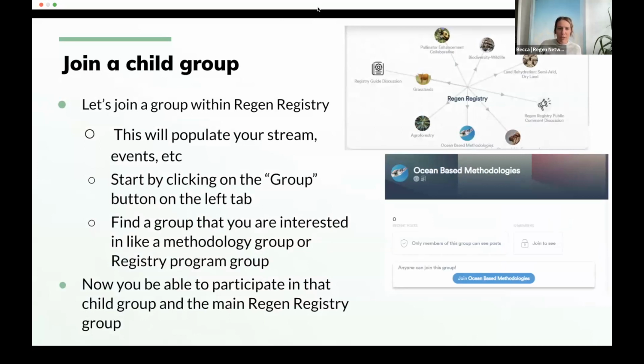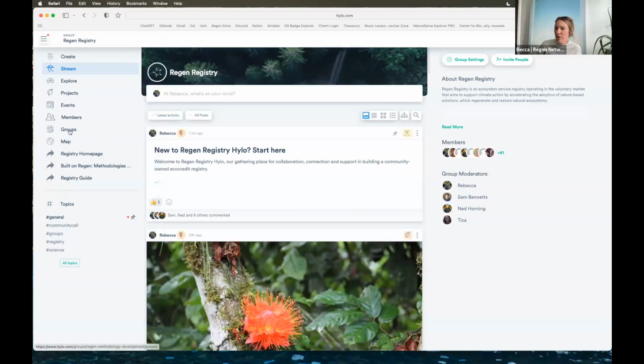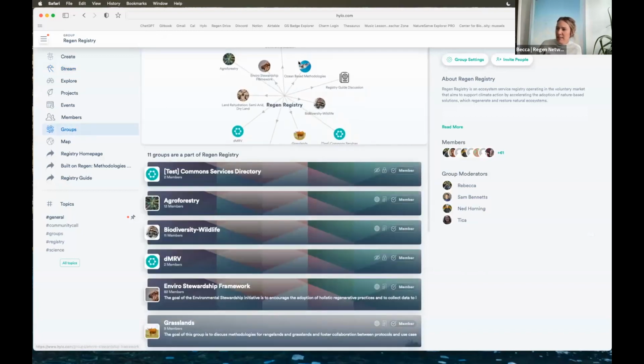The next thing we're going to do is join a group within Regen Registry. So if you look on the sidebar, I'll share my screen for a minute. If you look on the sidebar within Regen Registry, you can go to groups, and it has just this lovely web of evolving groups, and you can even see on the back end some ideas that we have, some hidden test groups around a directory and some other things that are coming.